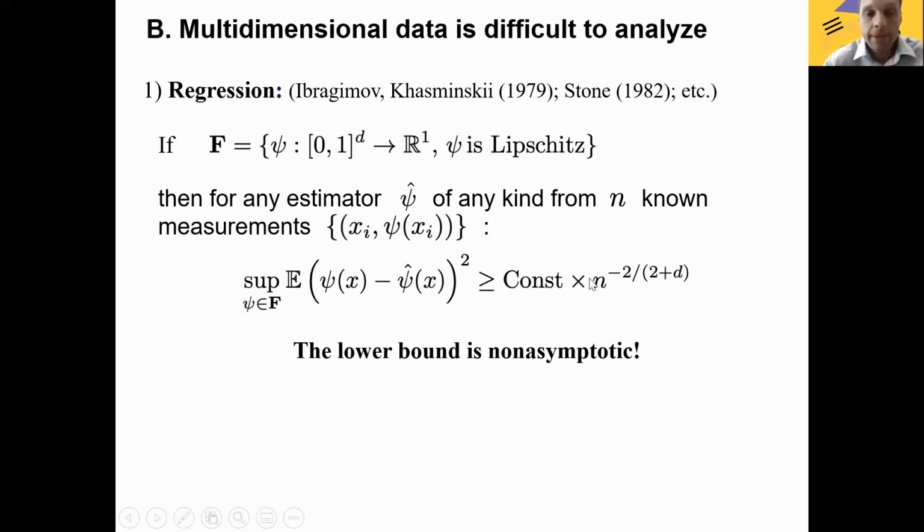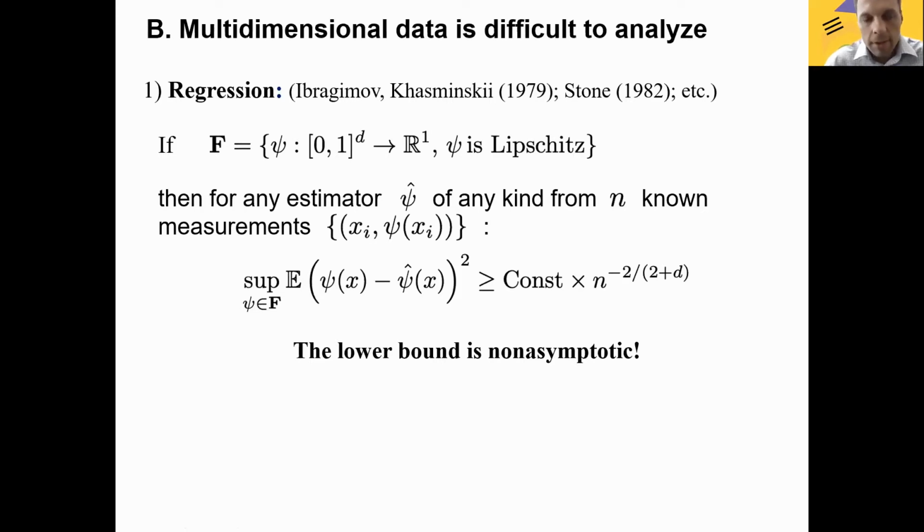And you see that, of course, this value goes to 0 if the sample size goes to infinity, but at the same time, if the dimensionality d of the input space is very big, then the speed of convergence to 0 is very low. Actually, you need exponentially many samples to reduce the error to 0.